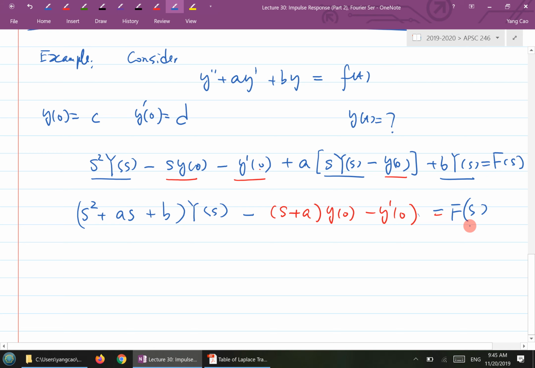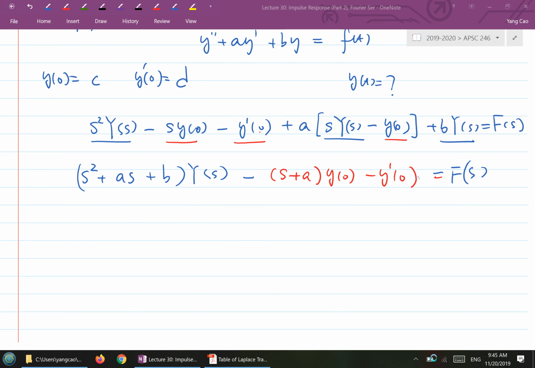Now I'm looking for the solution. So I can replace this y naught with c and this y prime naught with d, and that's fine. I will get a solution for Y of s, and essentially your Y of s will have two terms.